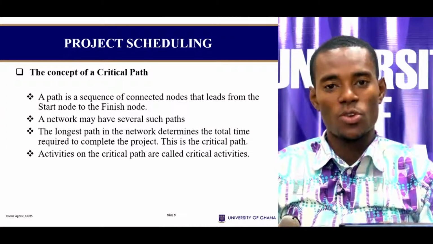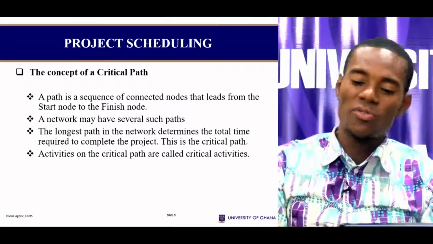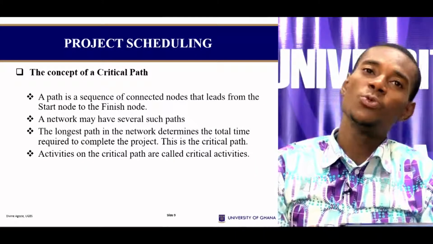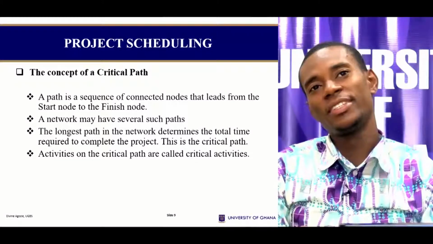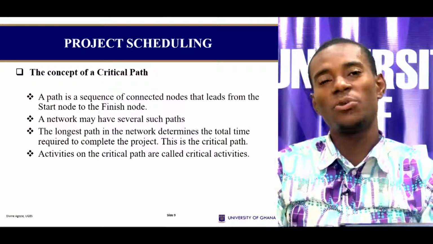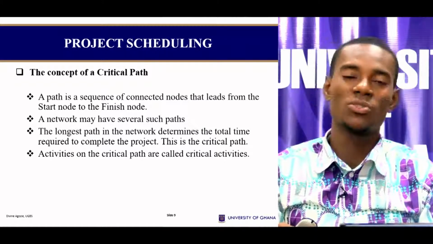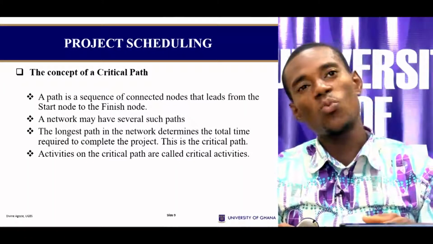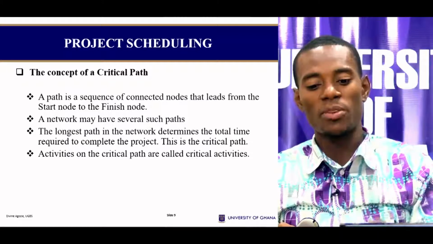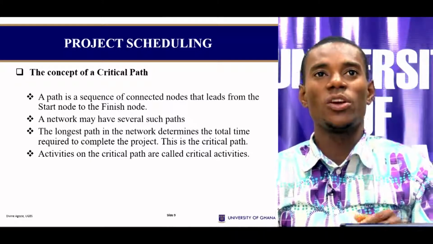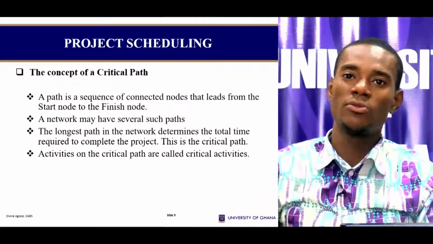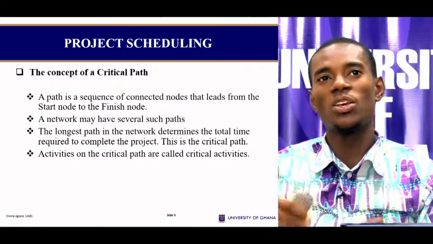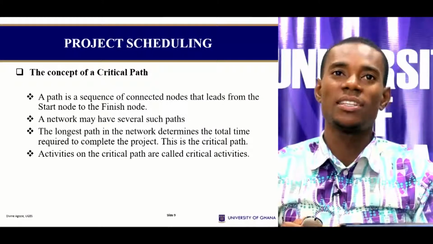So when you have a set of activities which we represent with the nodes, either a square node or a circular node, and you connect them with arrows, which we call the branches or the arcs, when you take one direction from the beginning to the end, where you have arrows connecting a certain number of nodes from the first one to the last one, we refer to that as a path.